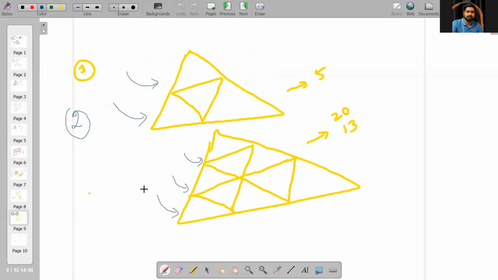Now, go back to this and tell me, there are 2 lines, right? So if you write the formula, 1 by 8 into n into n plus 1, into 2n plus 1, right?